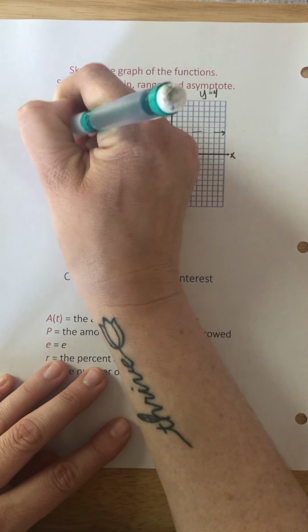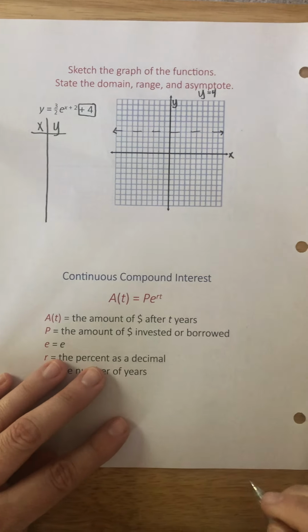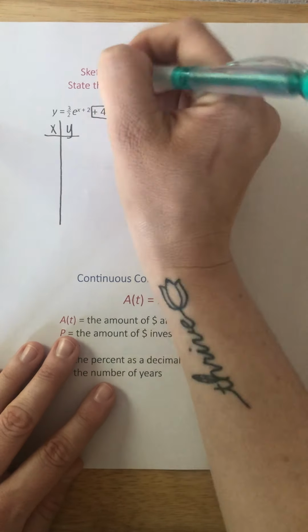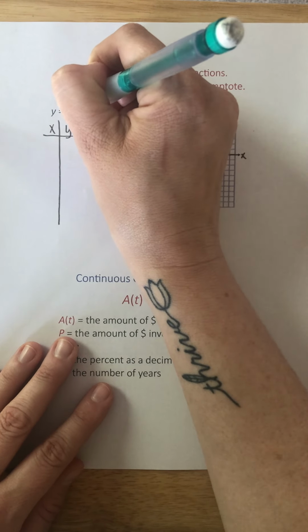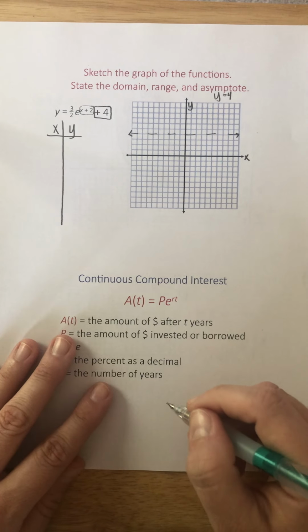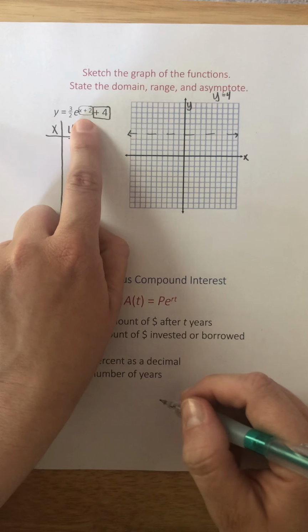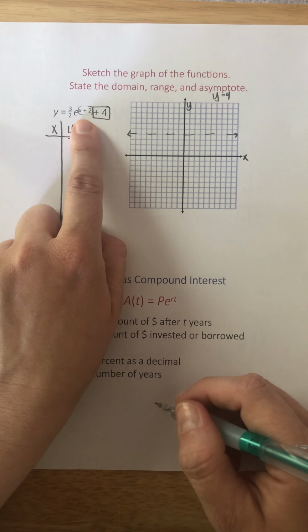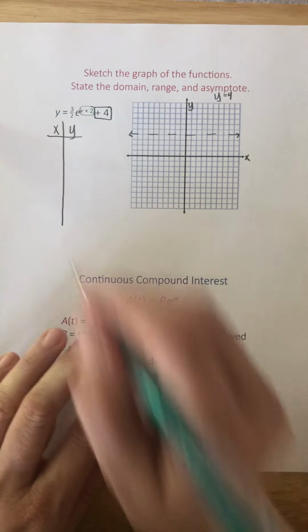I'm going to do something different this time for the numbers that I'm going to plug in. I'm not going to do the same numbers that I always do. When we dealt with exponential functions earlier in the chapter, I told you guys that if this is not just an x, so in the last 2 problems it was just an exponent of an x, but here we have an x plus 2.